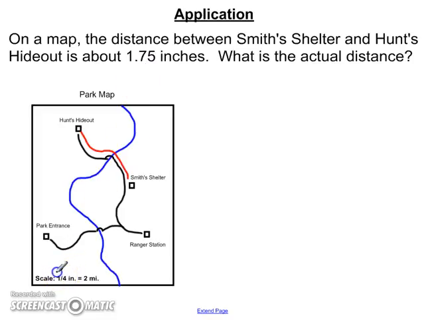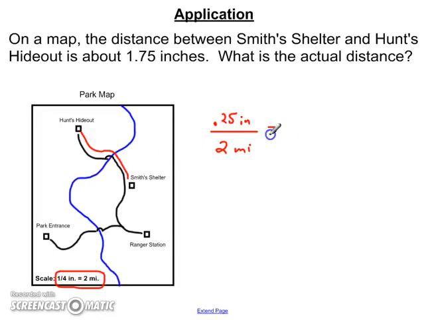Now you'll notice down here at the bottom we are provided a scale, and we are told that 1/4 inch, which I'm going to write as 0.25 because up here we're dealing in decimals, is equal to 2 miles in reality. So this is like maybe some national park where you're hiking and you want to know the distance between objects and on the trails.